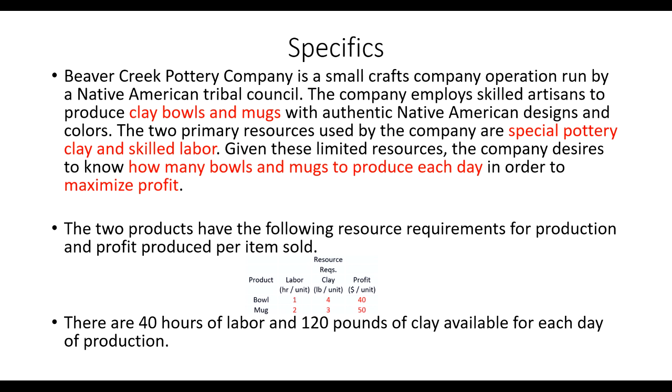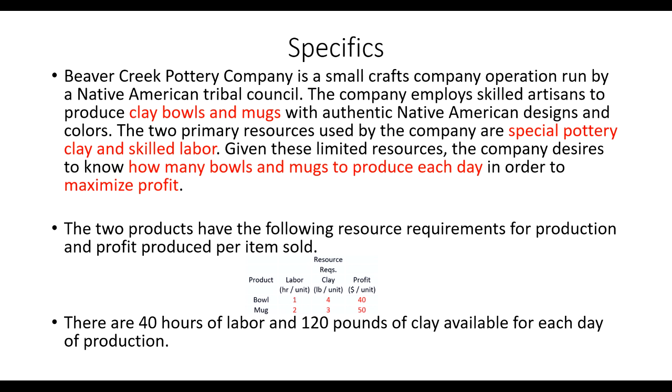So to do our two constraint equations, we see a bowl is 1 hour of labor, so 1x1. A mug is 2 hours of labor, 2x2, must be less than or equal to 40.